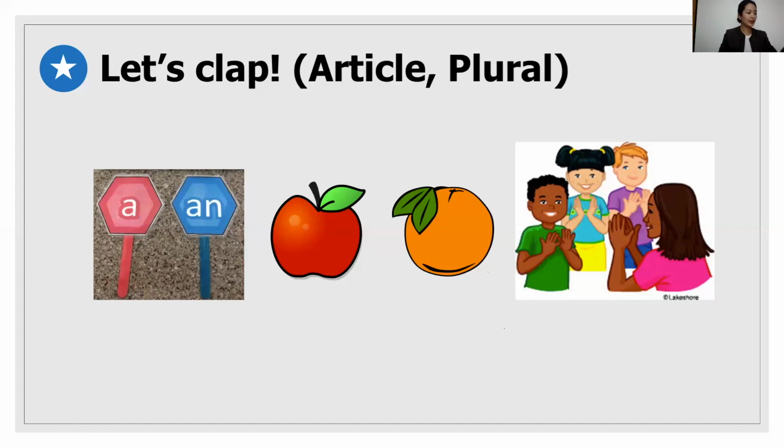To explain the plural, like S and ES, I made this kind of card. So this is one sock, but you need two socks. So you need socks, S. Yes.